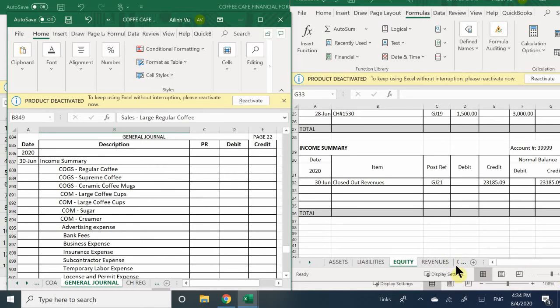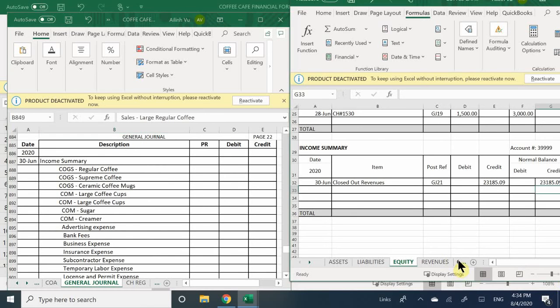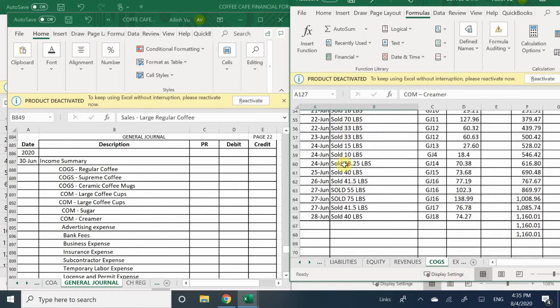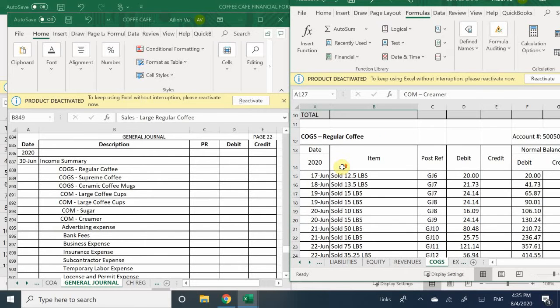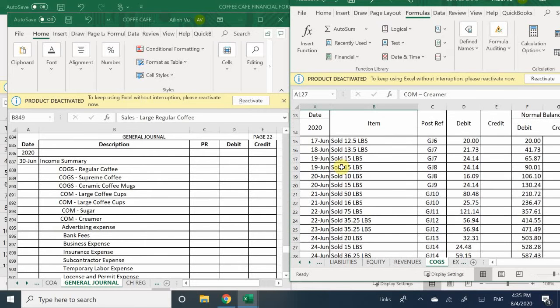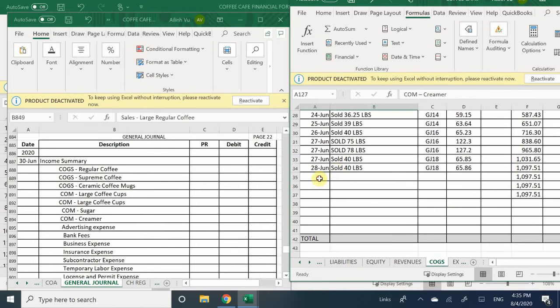So we're going to go to our ledger, to the cost of goods sold section, and we're going to start from the top. Here, my first one is cost of goods sold for regular coffee. So I'm going to go ahead and enter in my closing, general journal number 22.